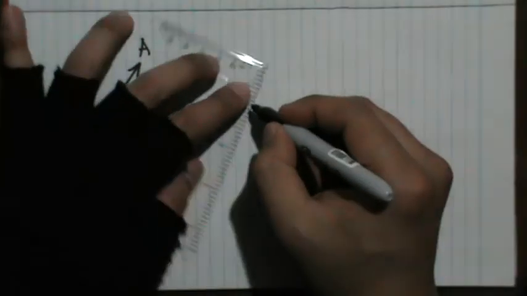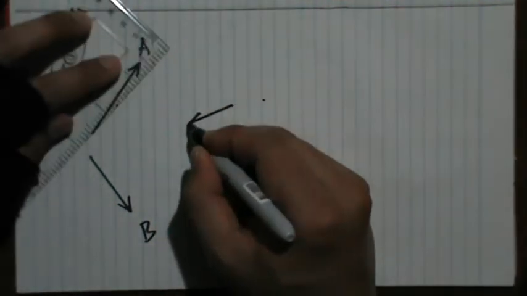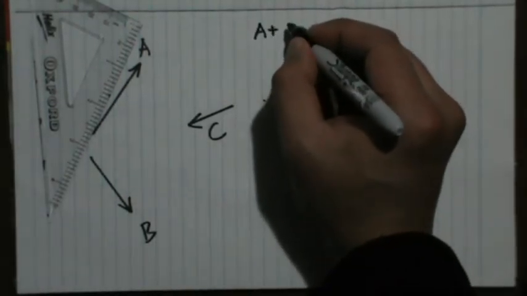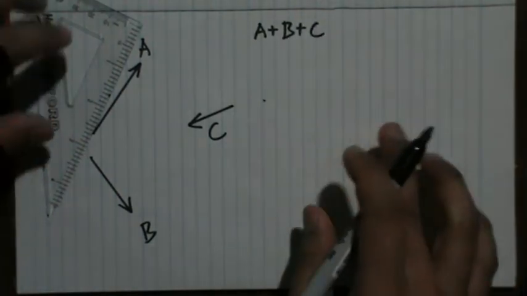Now, if we have more than two vectors, let's say we have A, B, and also the third one, C, it looks like the polygon method is easier for us.